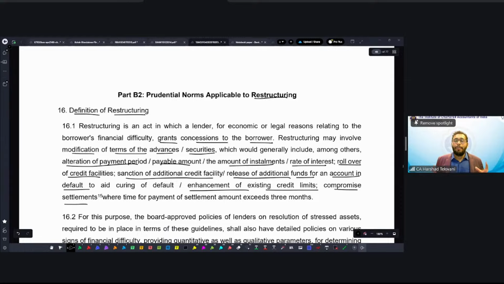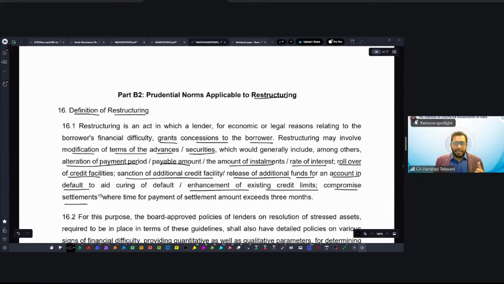Banks usually have board-approved policies where they provide facilities to the stressed asset if there is a temporary financial difficulty. Based on some qualitative factors, not for everyone, the borrower can use that facility, reduce the financial burden and bring stability, and then that particular asset will not become an NPA. So it is a facility given to reduce the financial burden.